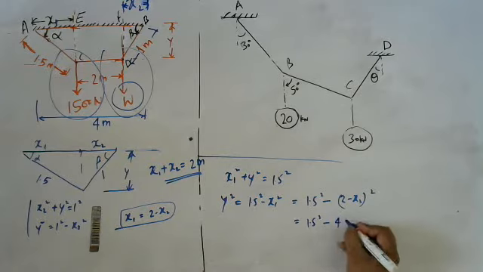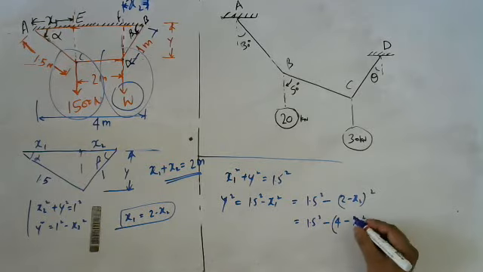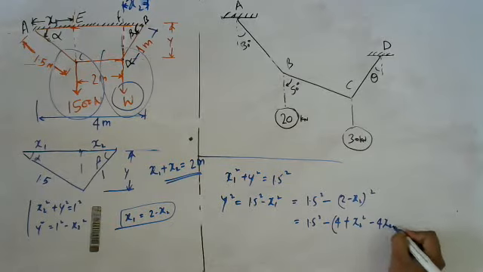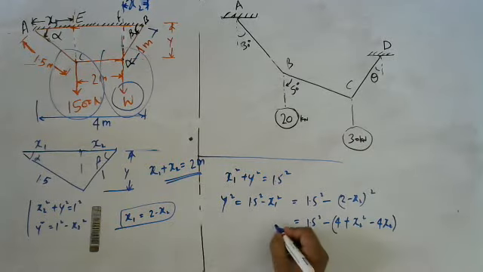So open this: (4 minus x2) square, this is a square plus b square minus 2ab, and a square plus b square minus 2 into 2 into 4 x2, this is the equation. So this is equal to y2 square.